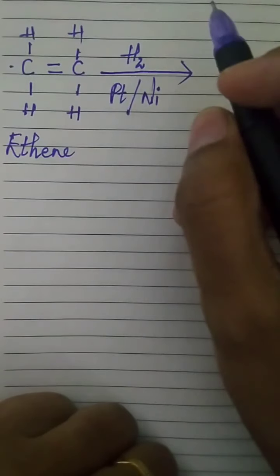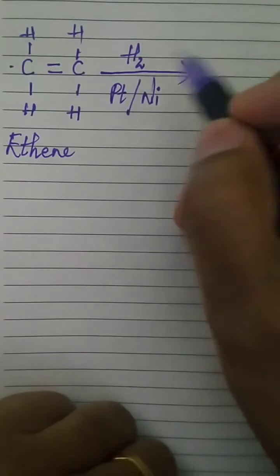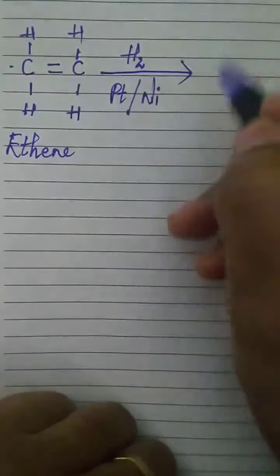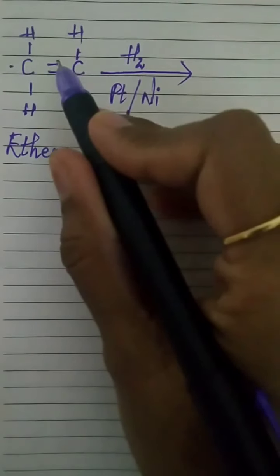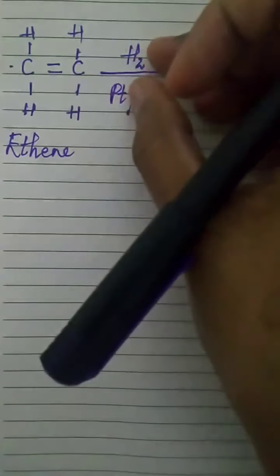Are you understanding? So this will be an addition reaction. What is an addition reaction? We are adding hydrogen to this ethene. Hydrogen will get added, it will get attached.